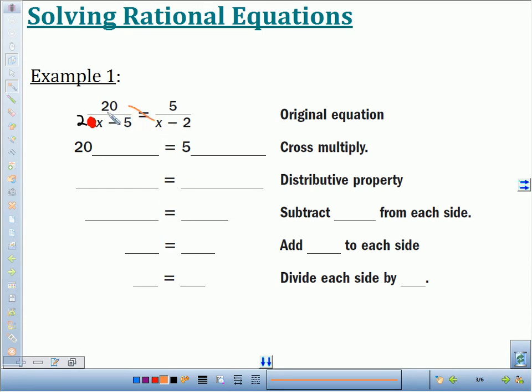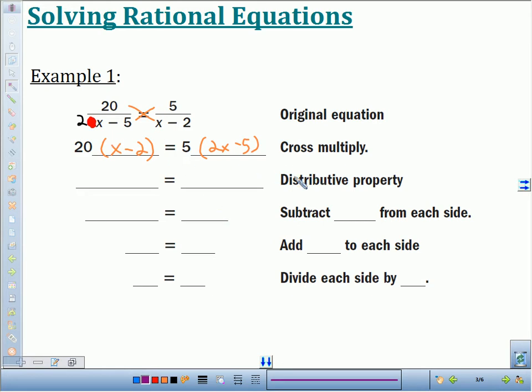Cross-multiplying means I'll multiply the numerator 20 by the denominator x minus 2, and I will multiply the numerator 5 times the denominator 2x minus 5. That's cross-multiplying. Once I've done that, this is a fairly standard equation. I can solve this.